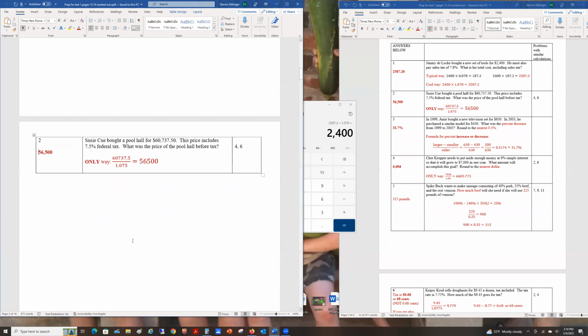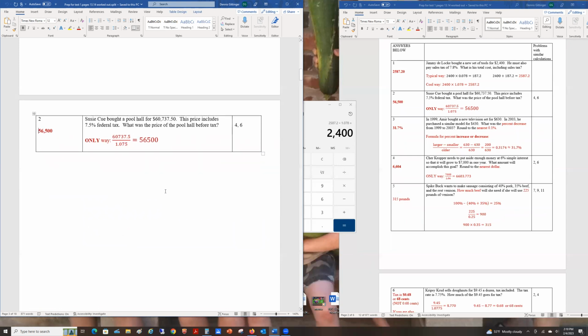here's something that's purchased for $60,737.50, including tax. What you don't do is take 7.5% of $60,737.50, because it just doesn't work.